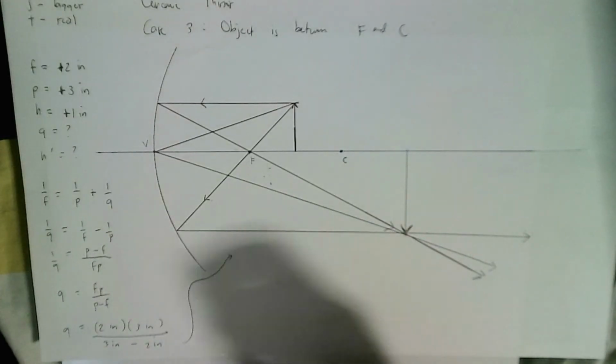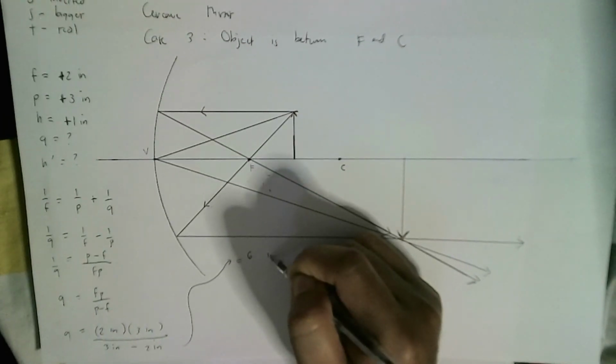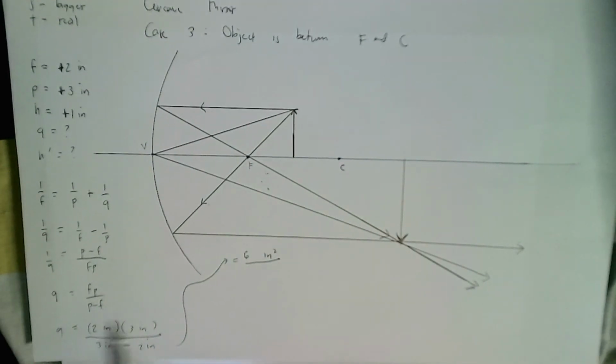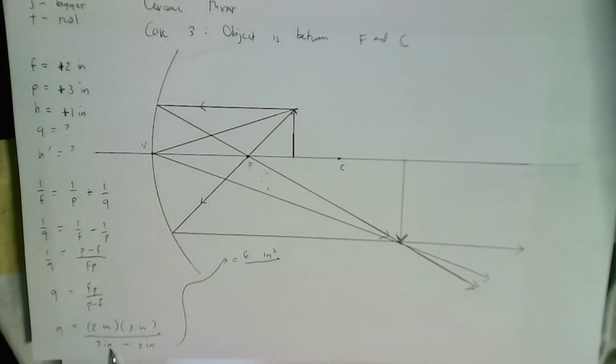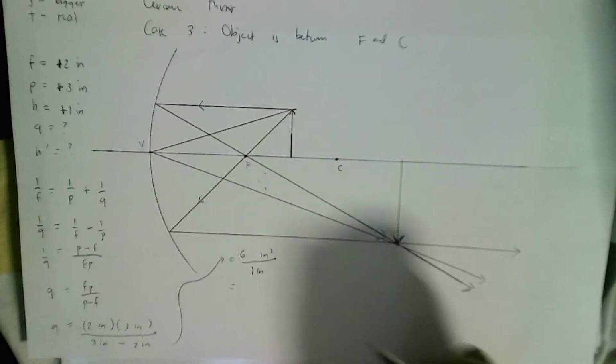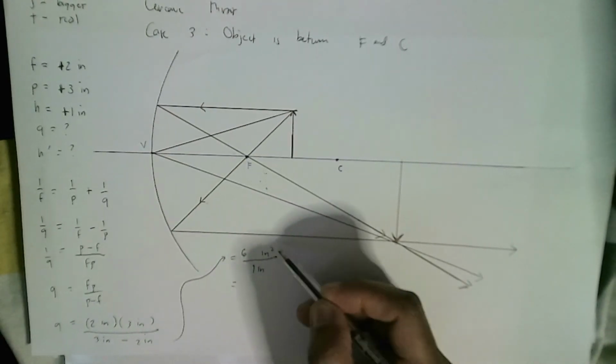And then from there, I can calculate 2 times 3 is 6 inches squared, because you don't just multiply the numbers 2 times 3, you also multiply the units. Inches times inches, inches squared. And then 3 inches minus 2 inches is 1 inch.